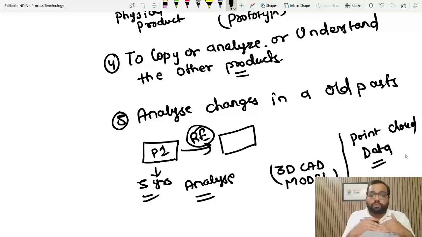Data can be in the form of dimensions, or in the form of points. All these point cloud data are collected, and with the help of this point cloud data, we make the product feasible, or make reverse engineering easily possible.